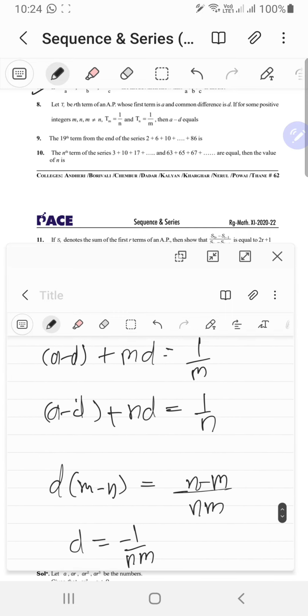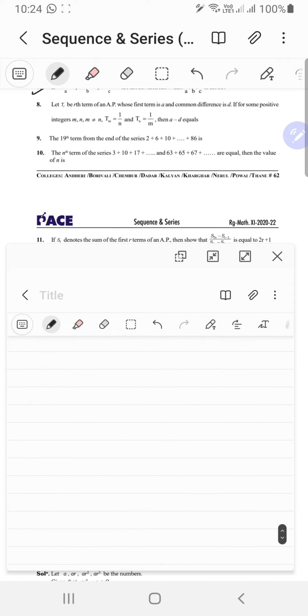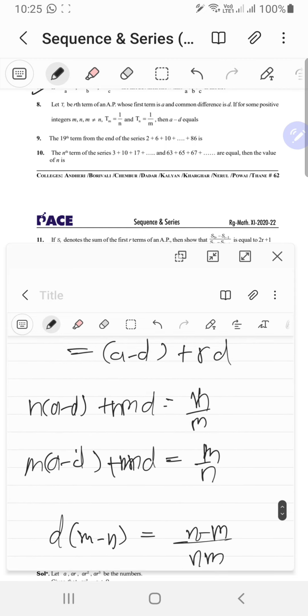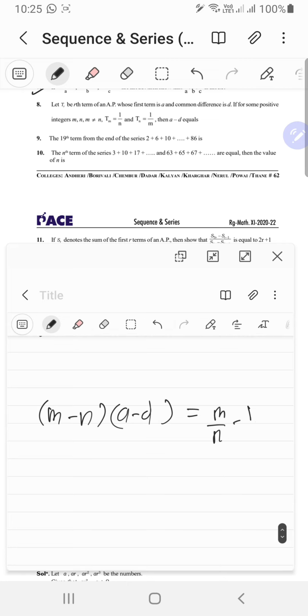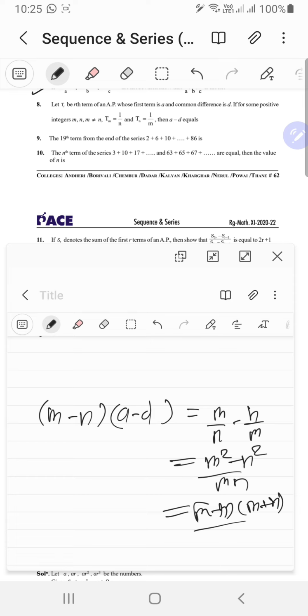So, multiply this equation by n upon m, and this one with m, and subtract. So you just have m minus n into a minus d equal to m upon n minus n upon m, which is m squared minus n squared upon mn, which is m minus n into m plus n upon mn.